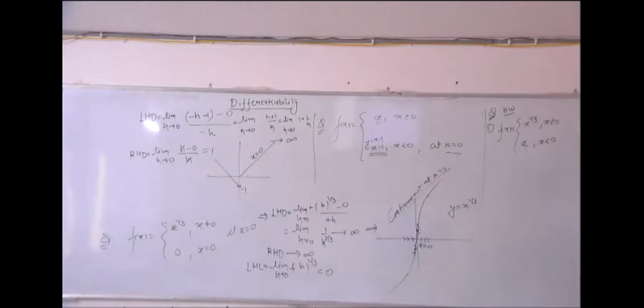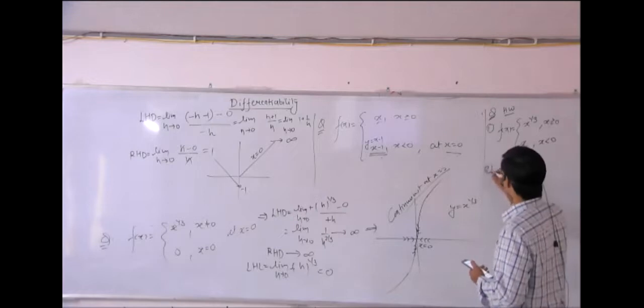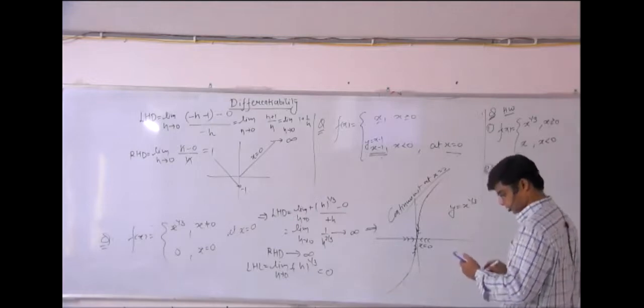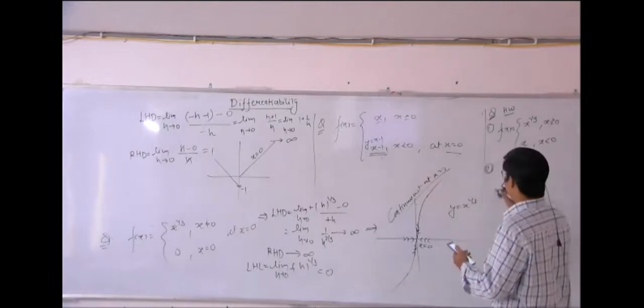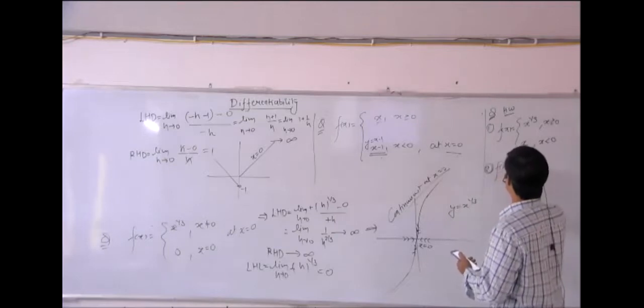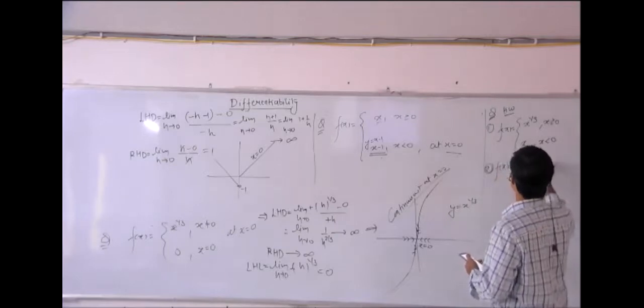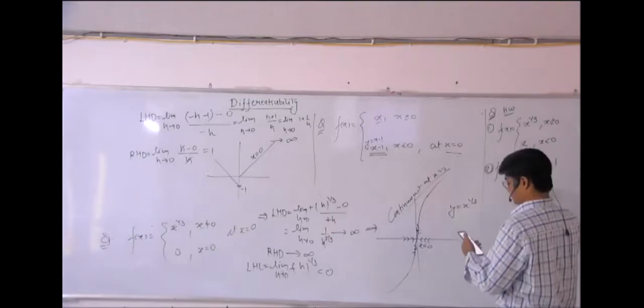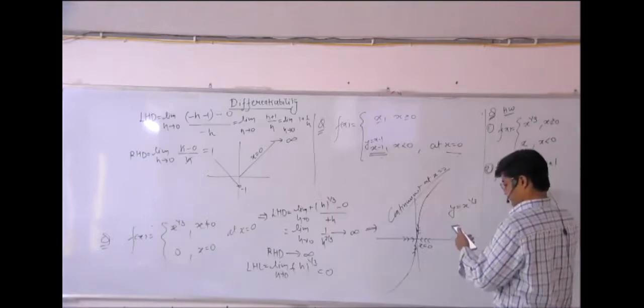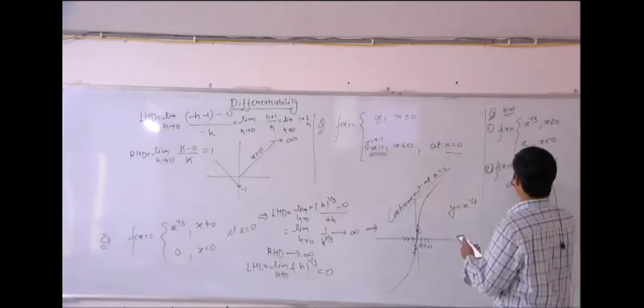Check whether the function is continuous or not. Okay, apply this one. F of x equal to cos x plus mod cos x at x equal to pi by 2.